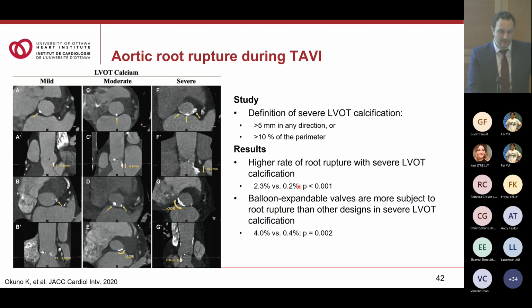And then they looked at the rate of root rupture, and they found a significantly higher rate when there's severe calcification based on that definition. They also found that balloon expandable valves were more subject to root rupture than self-expanding valves in severe LVOT calcification. So that may provide some data to use a self-expanding device when LVOT calcium is present.